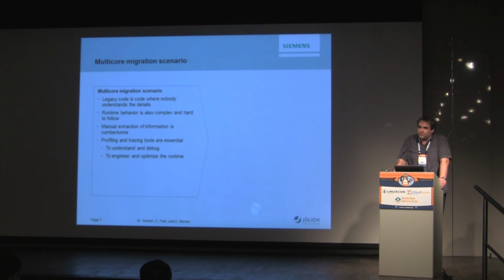So that's why you need to have profiling and tracing. And here it is important, it's really not only about getting it faster. At the very beginning, it's just about understanding what your damn code is doing. Understand it, maybe debug it, and maybe reverse engineer it. And just after that, you can even dare to think about performance optimization.